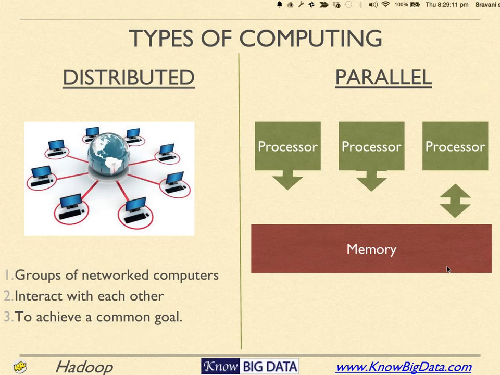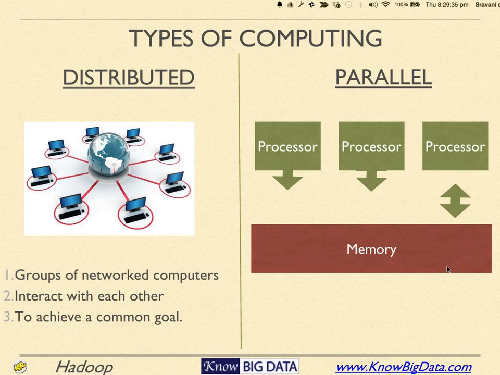You go for parallel computing when your processors become the bottleneck. When any of the resources start becoming the bottleneck, the resource may be the CPU, RAM, or anything, then you choose to go for distributed.